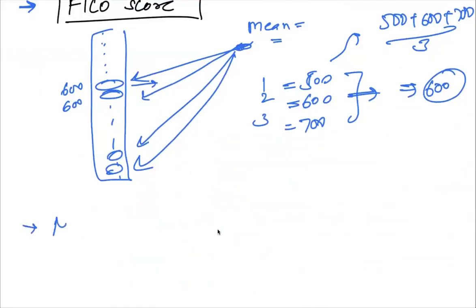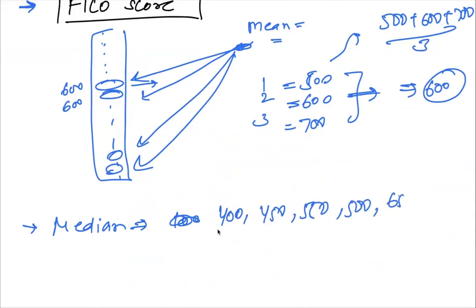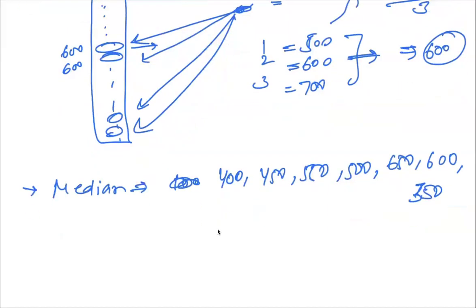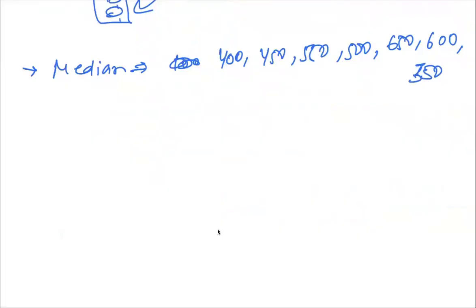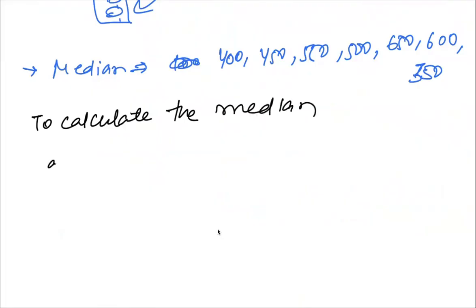Let's say median. Let's say for FICO you have 400, 450, 550, 500, 650, 600, and one more, 350. Do you know how we calculate the median? To calculate the median, you first arrange in ascending order.